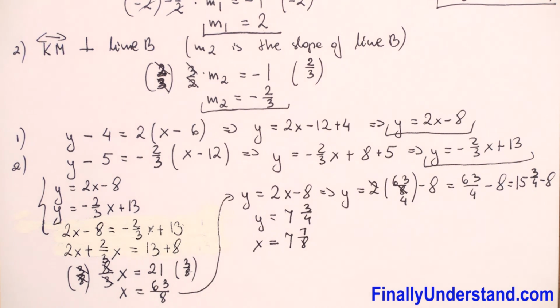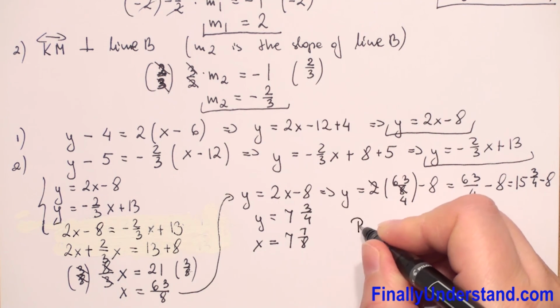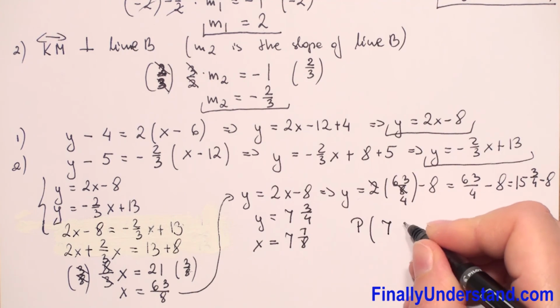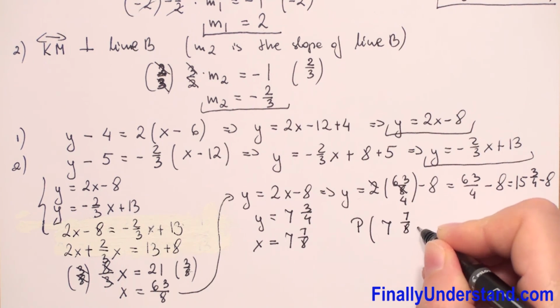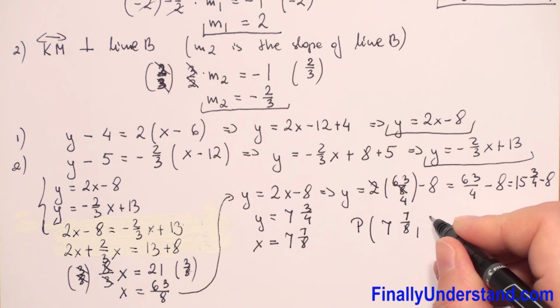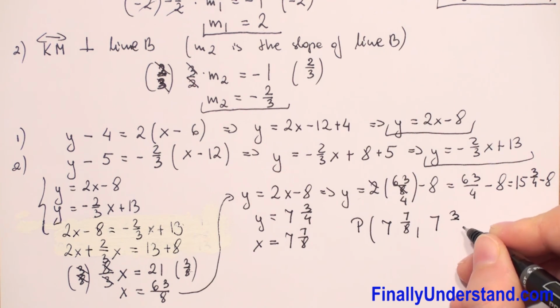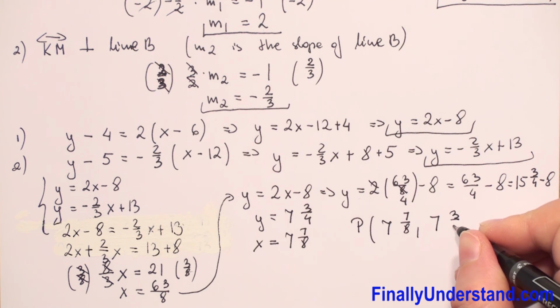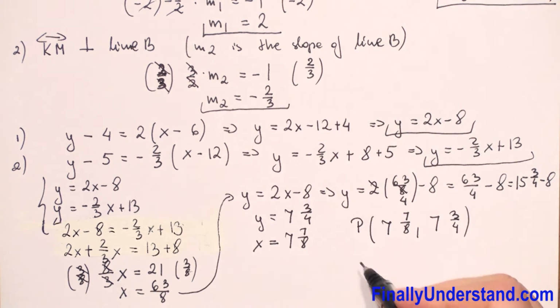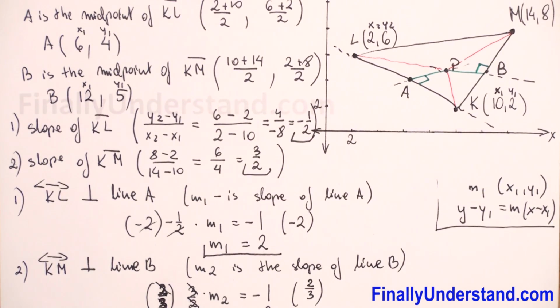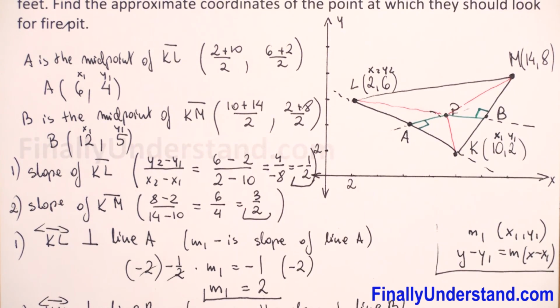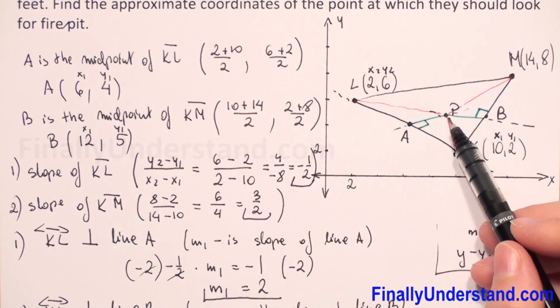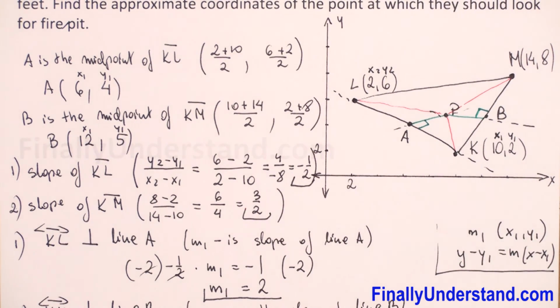So we found the coordinates of point P. X is 7 and 7 over 8, and y is 7 and 3 over 4. So this is my solution. We found the coordinates of point P.